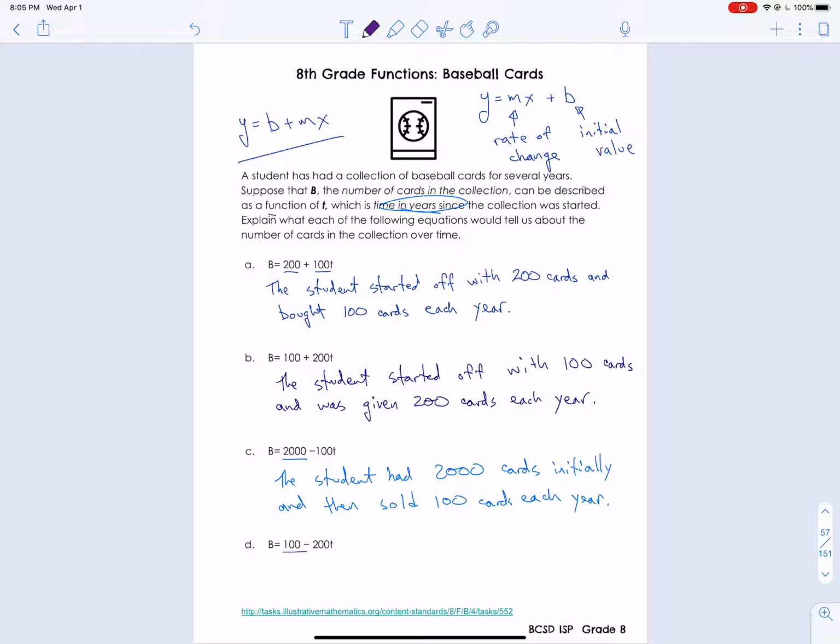So, I mean, honestly, as a teacher, I would love to see someone actually say, no, this is not possible because if I only have 100 cards to start with, I cannot give 200 away, right?